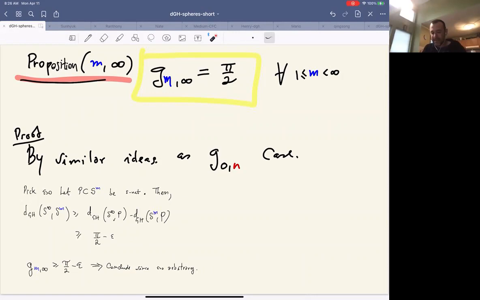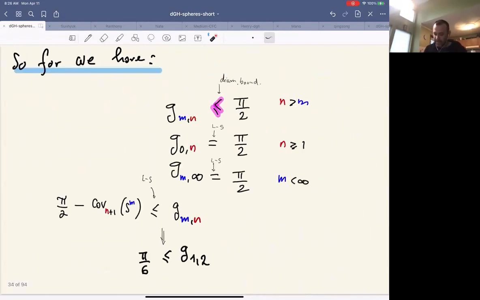the distance between S^m and S^infinity is pi by 2 for every m. This can be done in a way that is analogous to what I showed you a minute ago. Okay, so to summarize, so far we have that all distances are upper bounded by pi by 2.